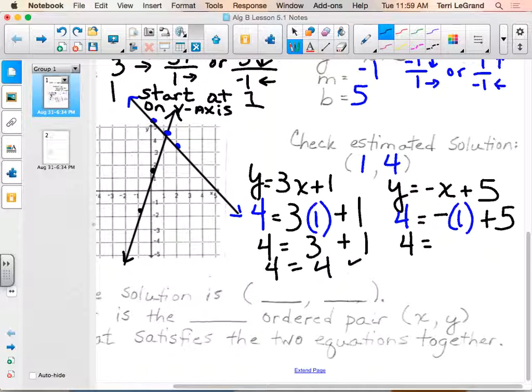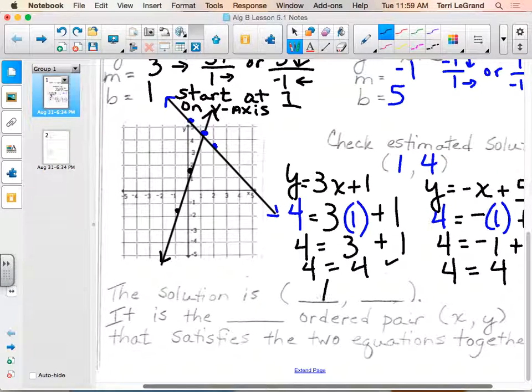This can become, what's the opposite of 1? Remember, that's how we can read a negative sign. What's the opposite of 1? Negative 1. Four is 4. What's negative 1 plus 5? 4. Legitimately? It is, isn't it? Checks out.